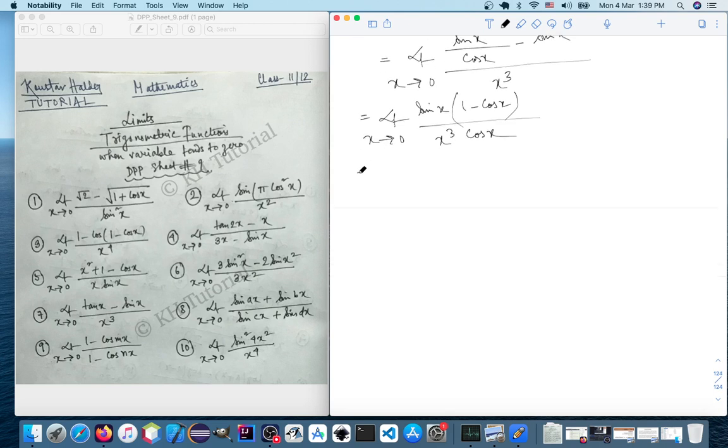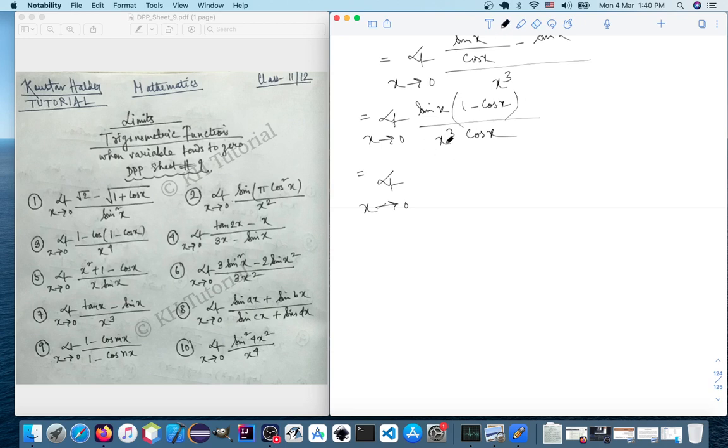Now, as usual, we would like to rewrite this. This should not be a confusion, because this is actually 1 minus cos x into sin x.